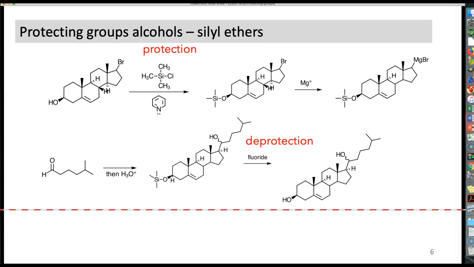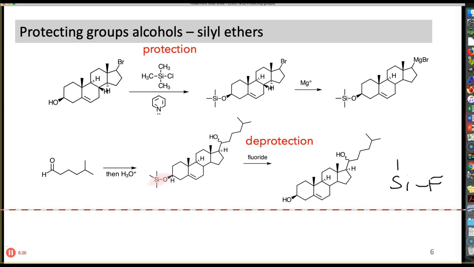Well, how do I deprotect? That's an interesting question. Glad you asked. I said the oxygen-silicon bond is very strong, but there's one that's even stronger, and that is the silicon-fluoride bond.